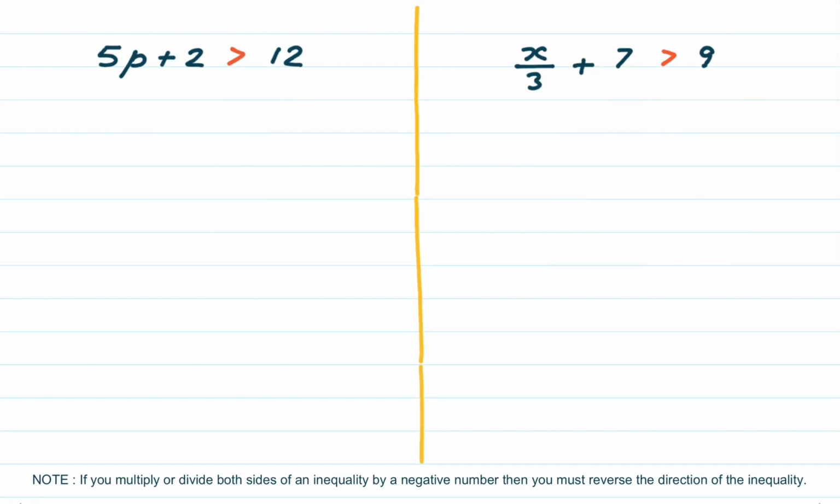In the next question, we shift positive 2 to the other side.